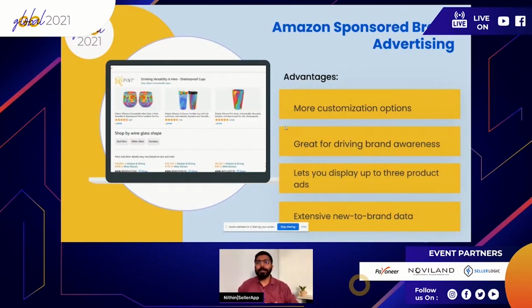It is also a great idea for seasonal products, as it improves the visibility for those products, and you can customize and design sponsored brand ads for targeting those seasonal products as well.